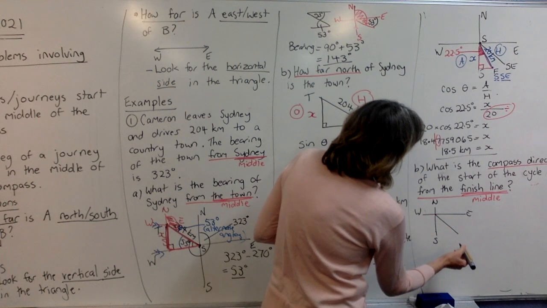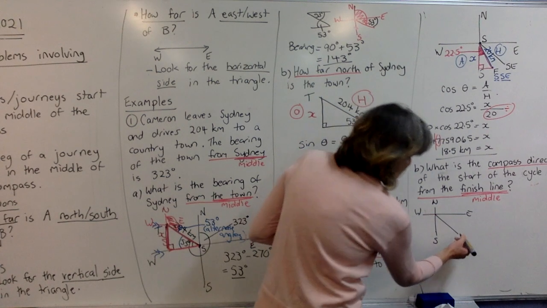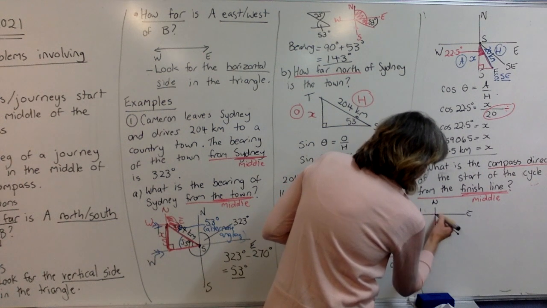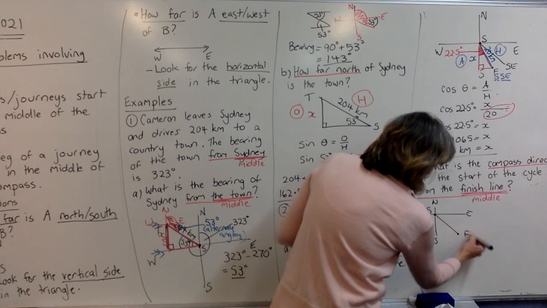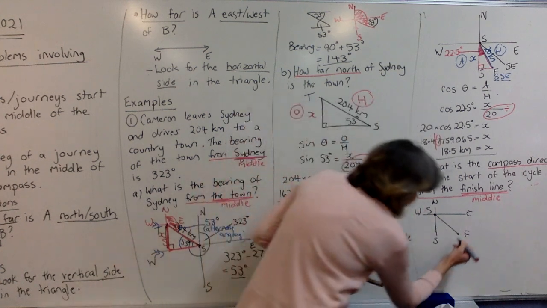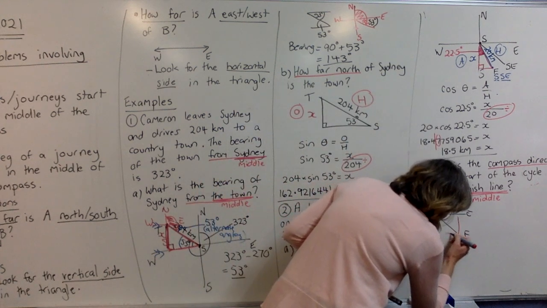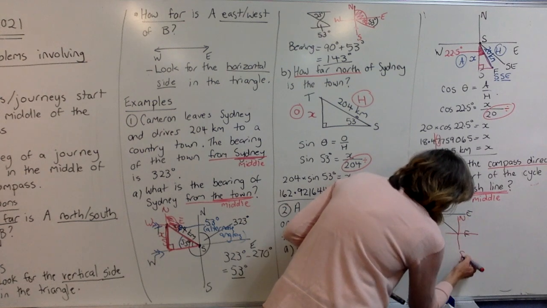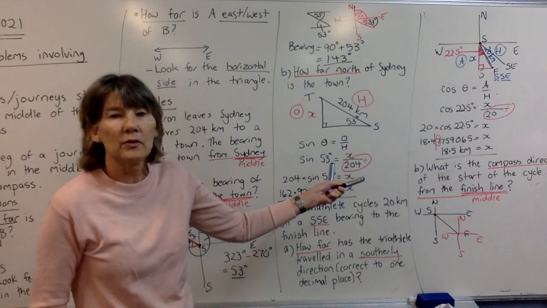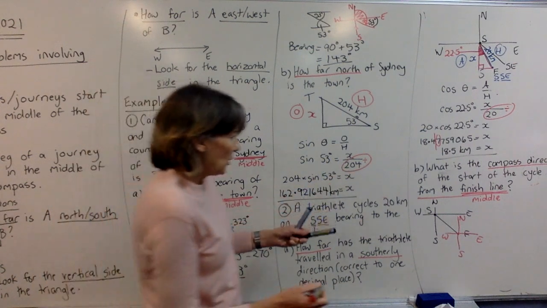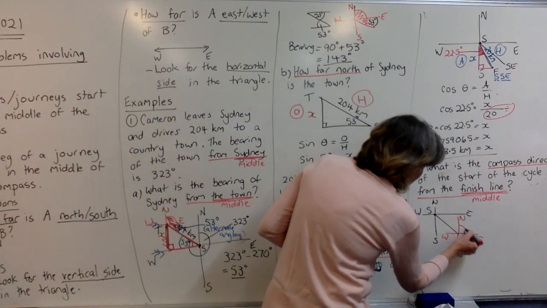All we need to mark on at the moment is, there's our S, there's our F, and that's in the middle of the new compass. So we're going to draw up our compass with the finish line in the middle. Okay, and they want you to go from north clockwise till you hit that line.